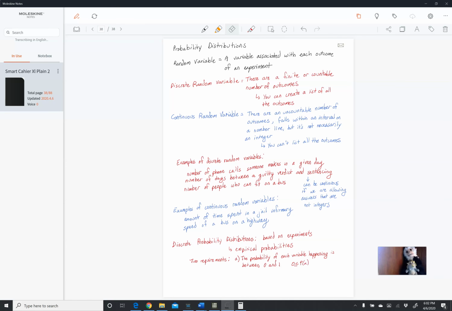Of that variable, the probability of the outcome is less than or equal to 1. It's between 0 and 1. Okay, remember the x is the variable. And then the second thing is that the sum of the probabilities is 1.